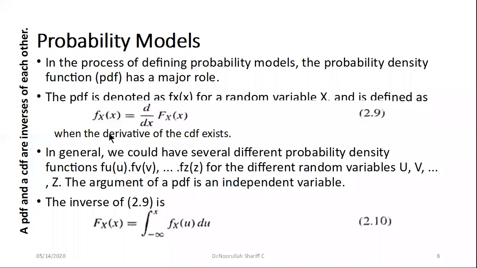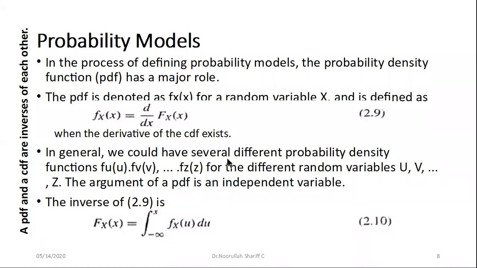So generally, we can write the inverse also: F_X(x) is equal to the integral from minus infinity to x of f_X(u) du. On the whole, you can say PDF and CDF are inverses of each other. This is a very important statement. The PDF and CDF are inverses of each other.